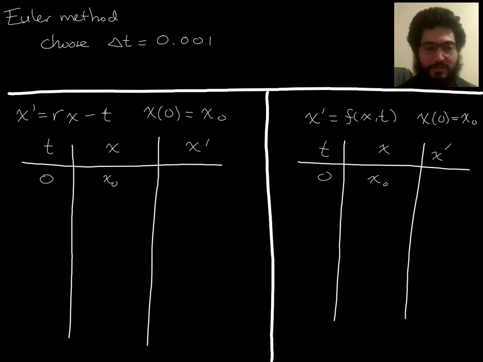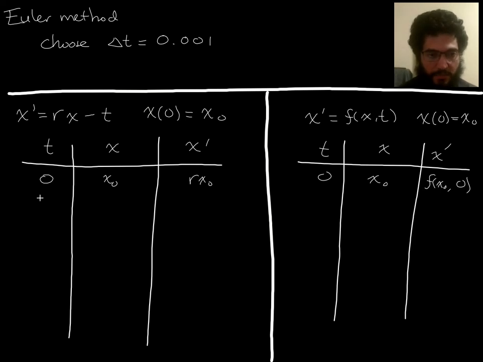And if time is 0, and the x value is x naught, then this right-hand side evaluates to r x naught. So r x naught is x prime at time t equals 0. And in more generality, what we're doing is we're just taking the right-hand side and plugging in x naught and 0.